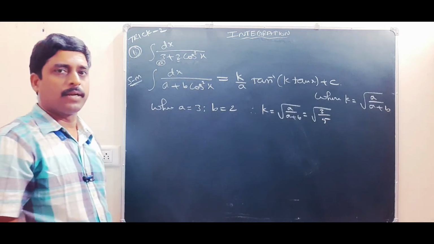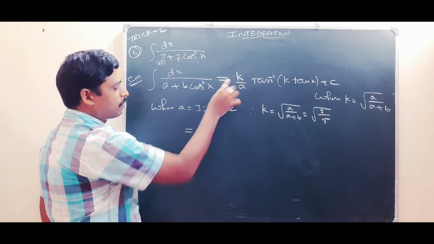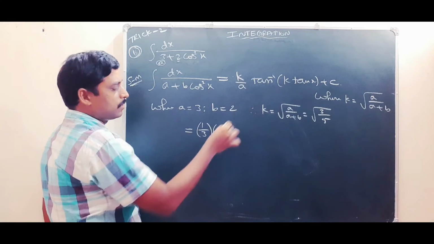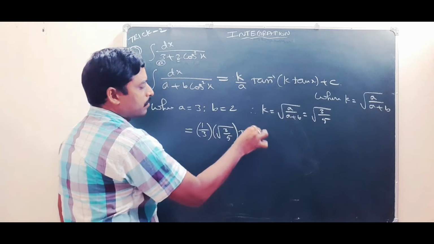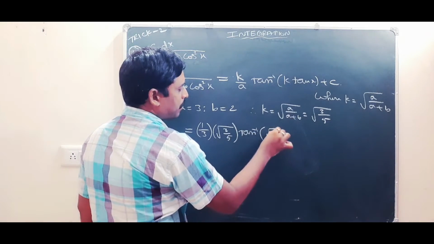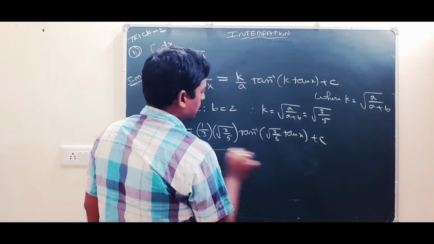So k value is root under 3 by 5. So what is the answer? K by a, so 1 by 3 times, where k place in, we should write root 3 by 5. So tan inverse of, where k value we have got root 3 by 5 into tan x plus c. Okay, this is the answer.